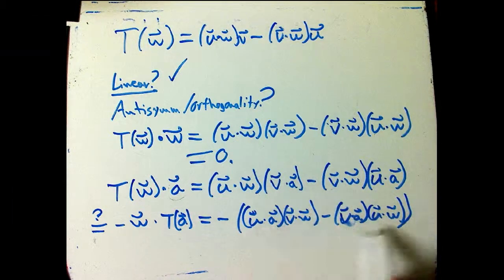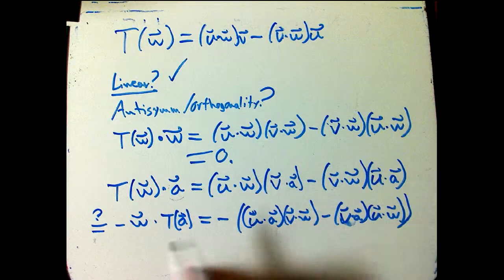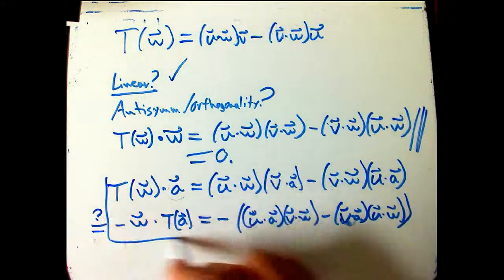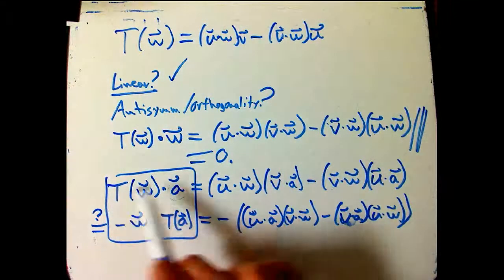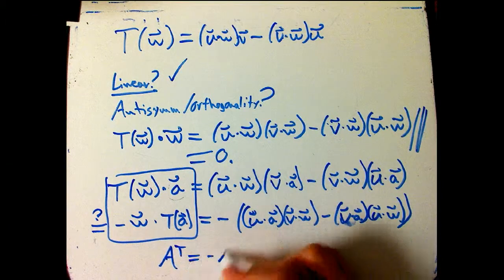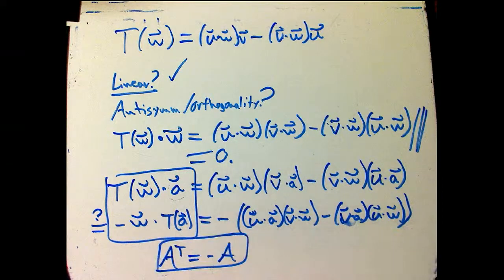And those are indeed in opposite order because of the minus sign. So this is what we really needed to check, but it's often very nice to know that if you switch where the T goes, you get a minus sign. And that's equivalent, it turns out, to the matrix language to this guy.